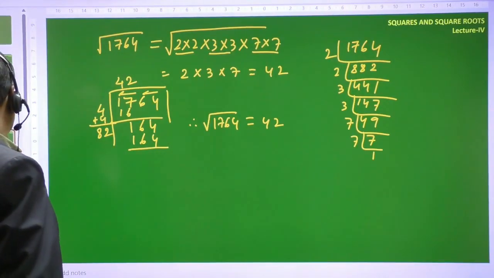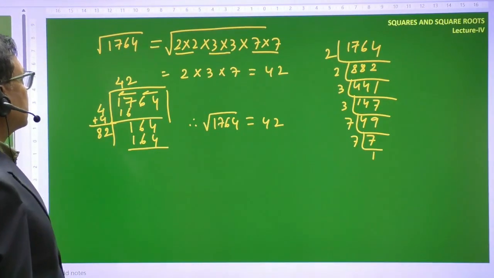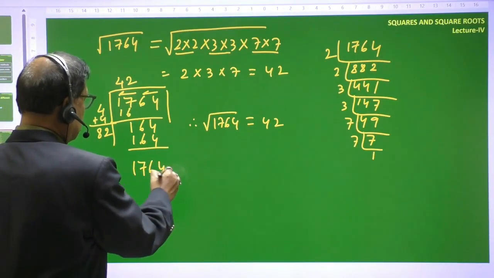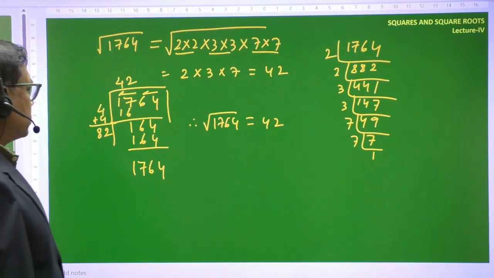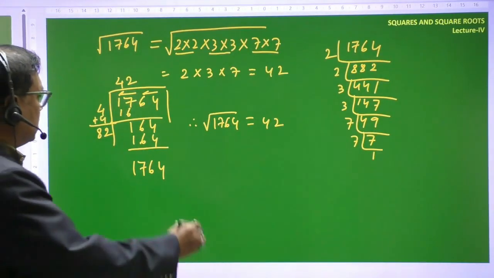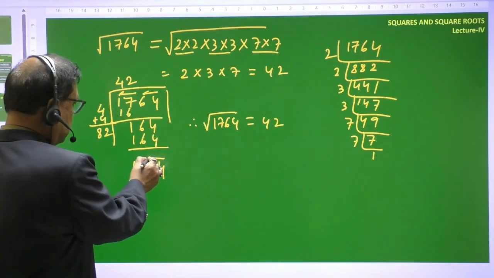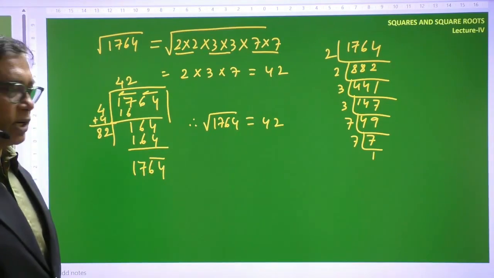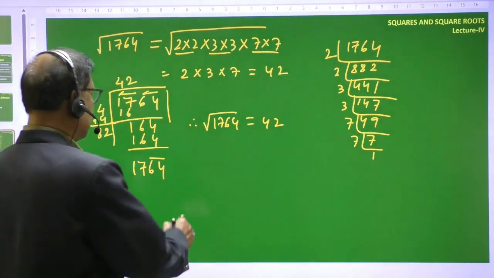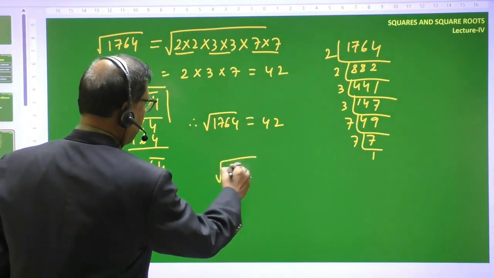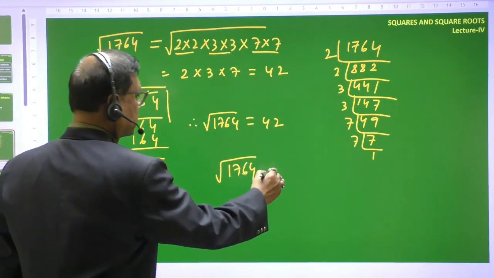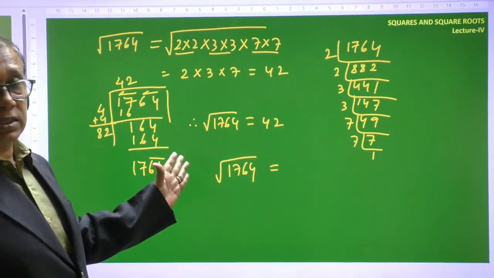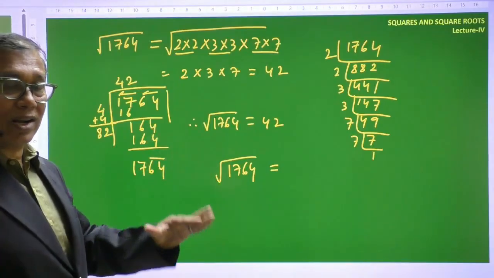Now the third method, the shortcut method. Same sum using the shortcut method. What I told, in the shortcut method, first two digits and you have to see the unit digit. Here 4. So in the square root value, the unit digit will be either 2 or 8.